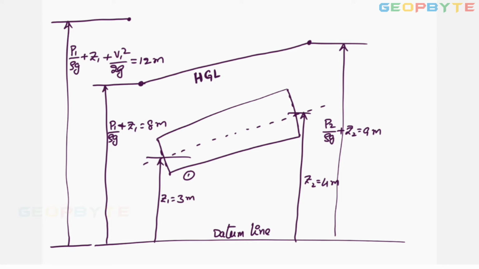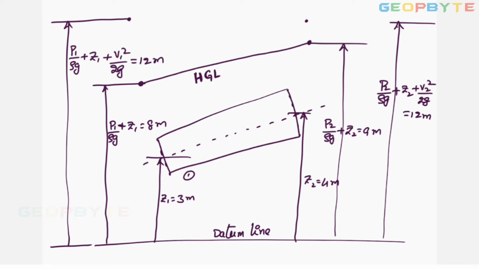Similarly, at outlet try to mark a point corresponding to total head. This is the total head. This total head is P2 by rho g plus Z2 plus V2 square by 2g, also equal to 12 meters. So this is the total head point at entrance, and this is the total head point at outlet.